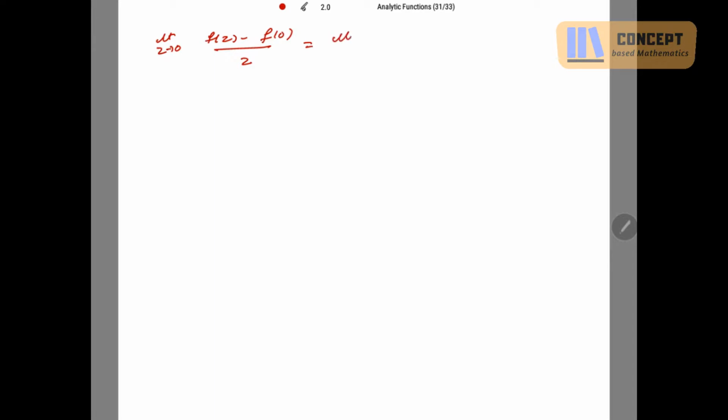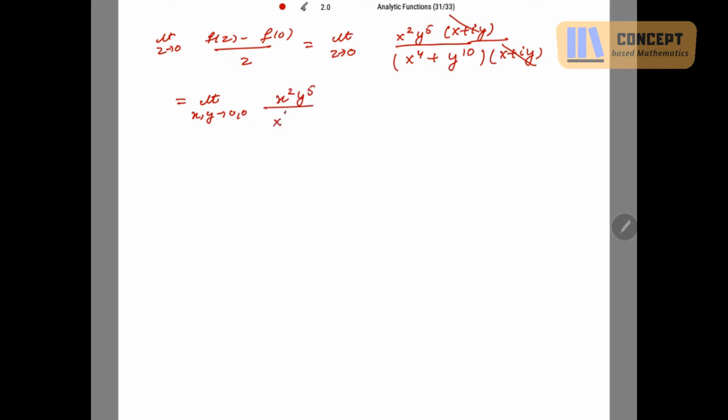This is equal to limit z tends to 0 of your function, x square y raised to the power 5 (x plus iota y) over x^4 plus y raised to the power 10, into what is z? This is x plus iota y, this z. Okay. Now x plus iota y cancel each other. So this is limit (x,y) tends to (0,0) of x square y raised to the power 5 over x^4 plus y raised to the power 10.